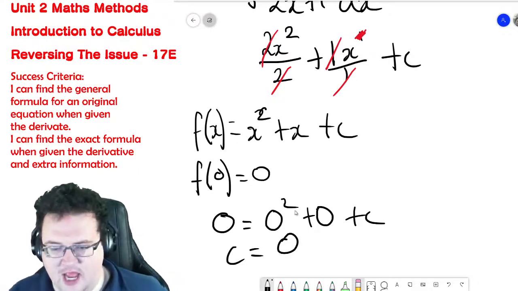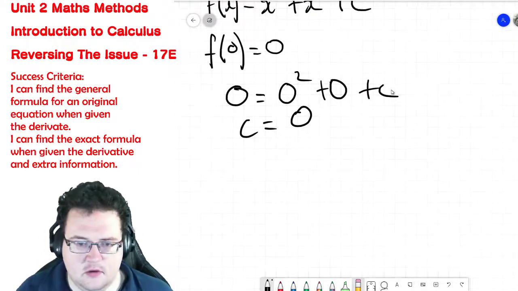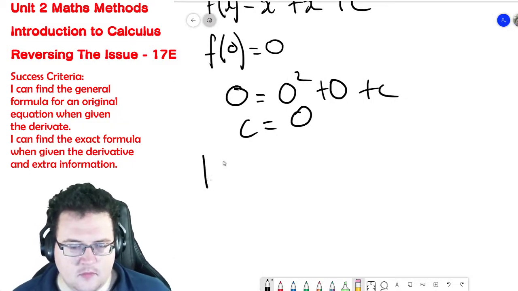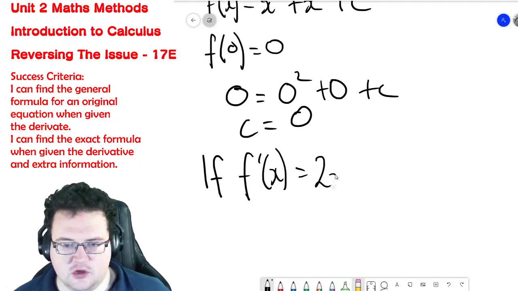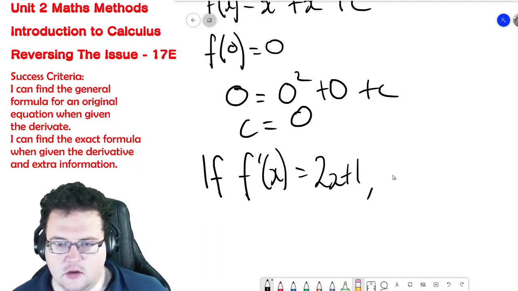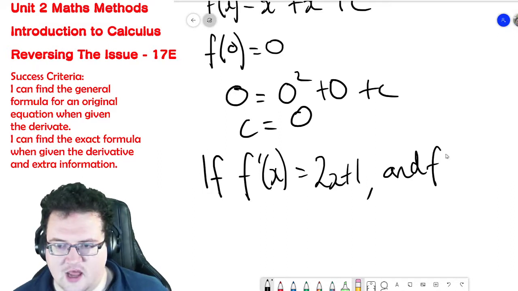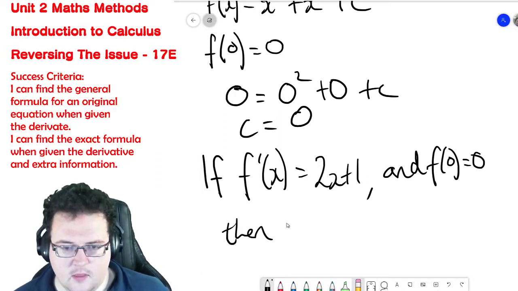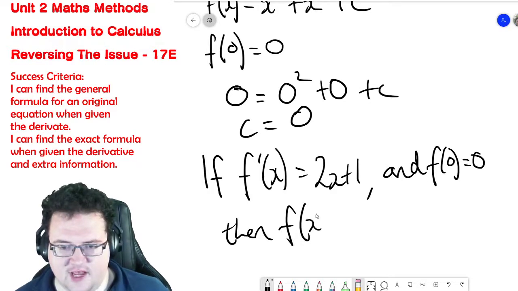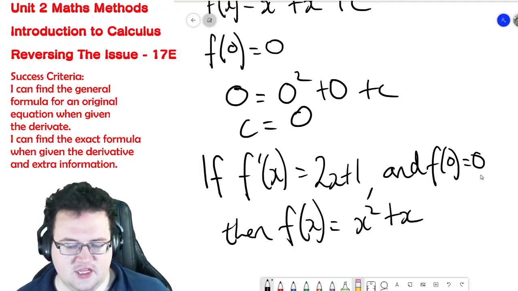And then I can, with confidence, say if f dash x equals 2x plus 1 and f of 0 is 0, then f of x is going to be equal to x squared plus x.